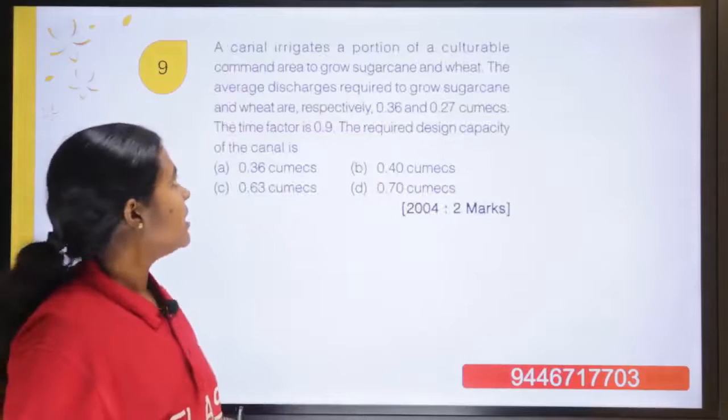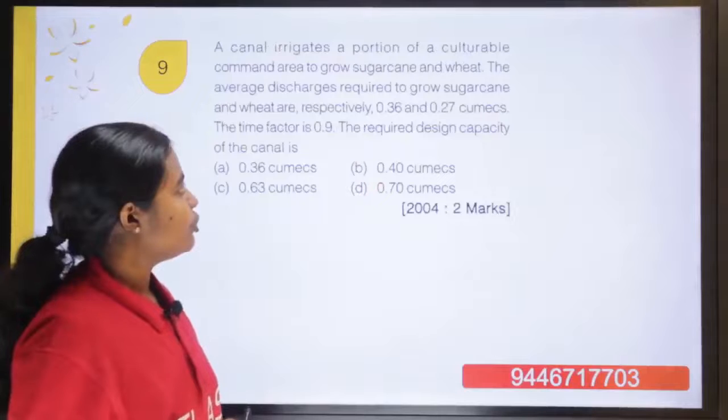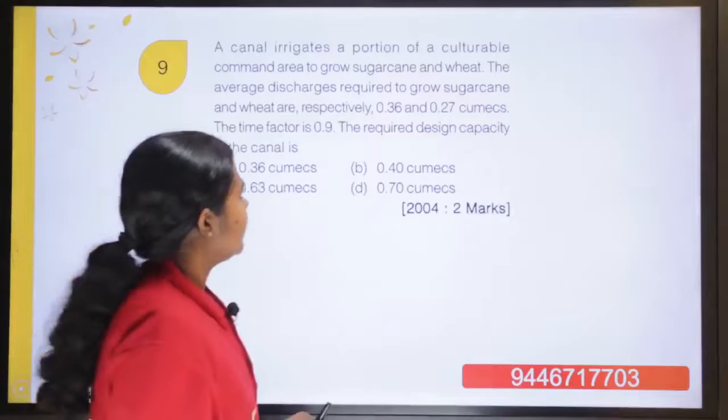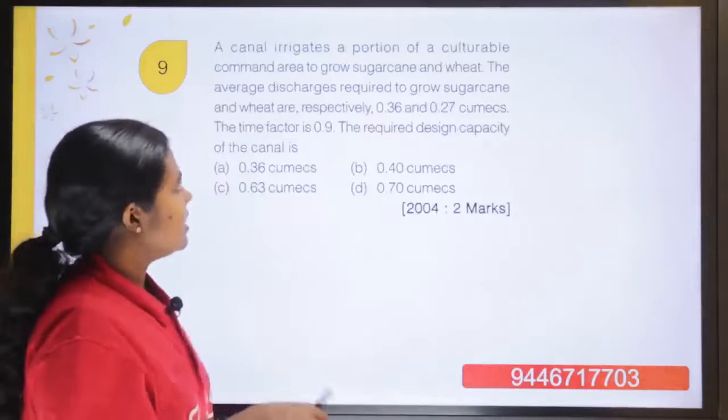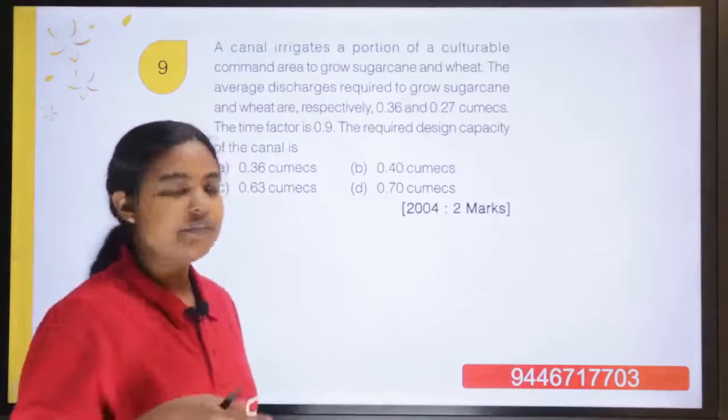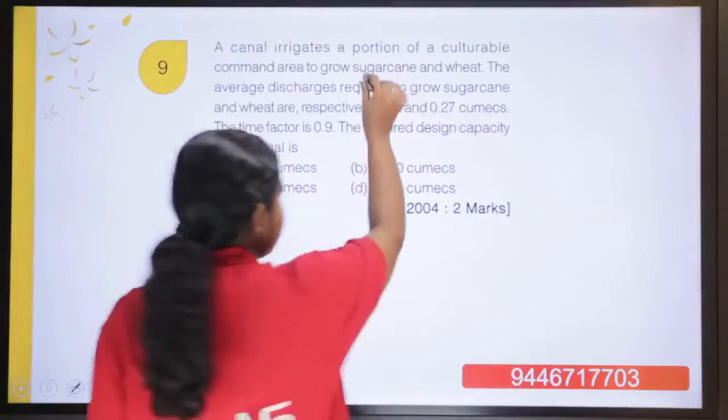Okay, next question. A canal irrigates a portion of a culturable commanded area to grow sugarcane and wheat. So there is an area where we grow both sugarcane and wheat.